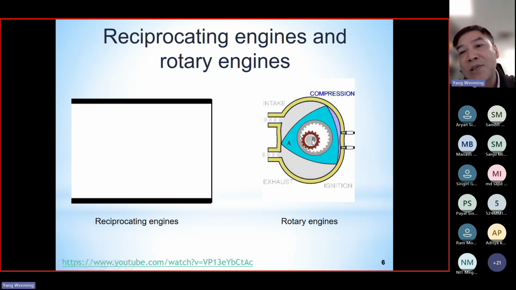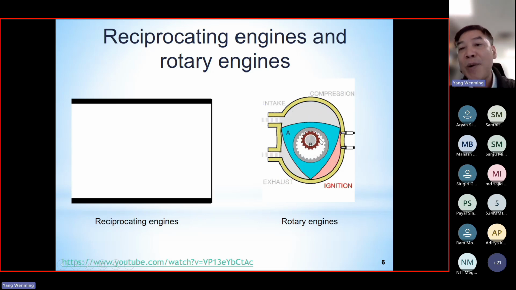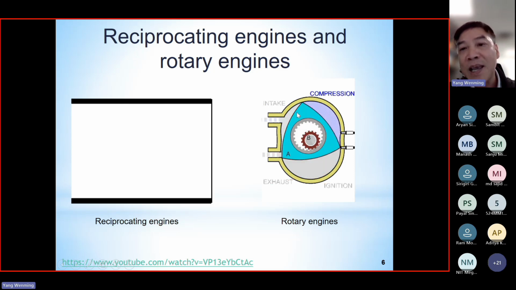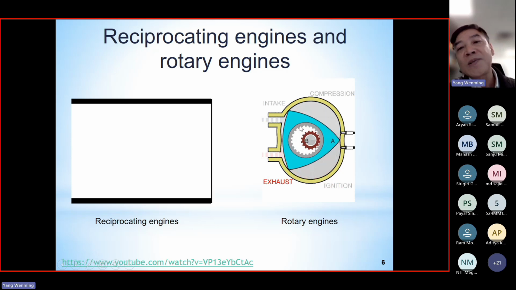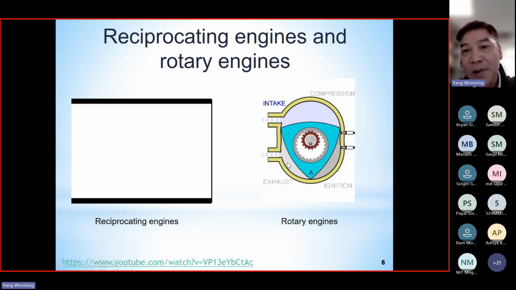Here on the right we show you the rotary engine and its basic operating principle. Actually there are only two major components. One is the rotor, the inner one. The second one is the casing. The working process consists of four processes, namely the intake process, compression process, ignition process, and exhaust process.